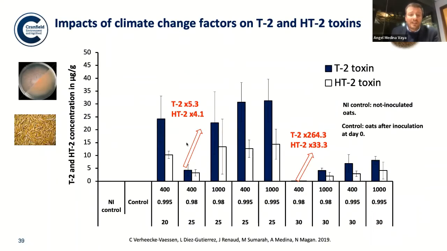What we've seen is that when we put them under climate change conditions here in the UK, on British oats, we have increases of around 5 times, and in some cases even 200 times, because it goes from very little to a considerable amount. So it's not something that only happens in Aspergillus flavus, and there is much more room for research and to keep working in this area.